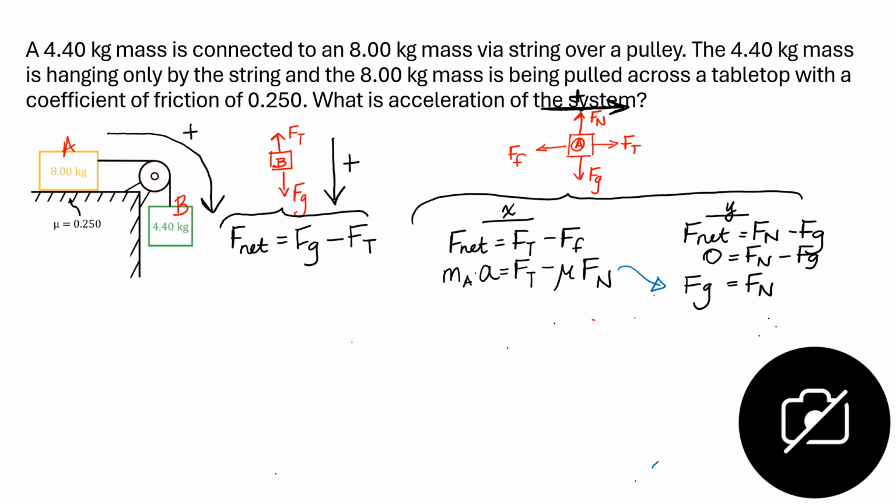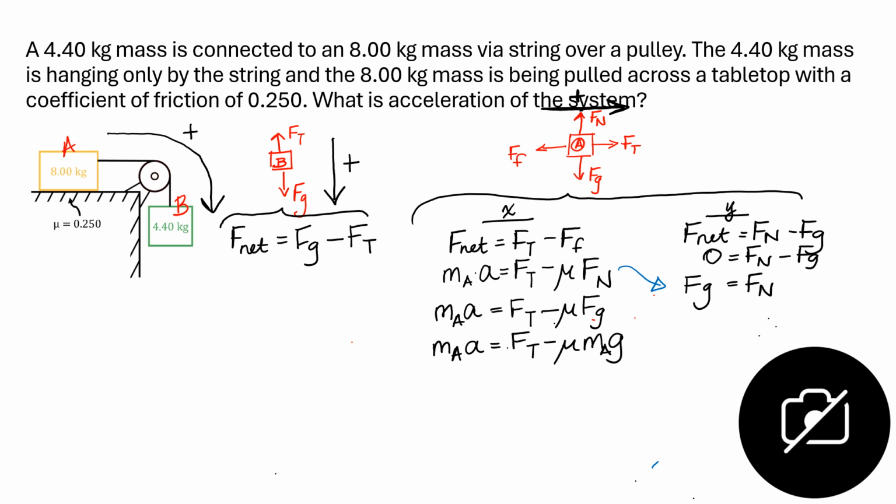So I'm going to go ahead and sub in some more and say mass A times little a, acceleration, is Ft minus mu Fg. I'll sub in a little bit more and say ma times a equals Ft minus mu, and Fg is actually mg, and you have to remember which m this is. This is A.